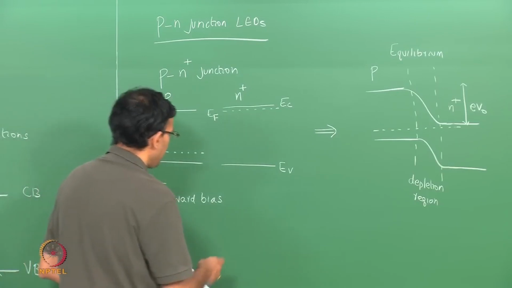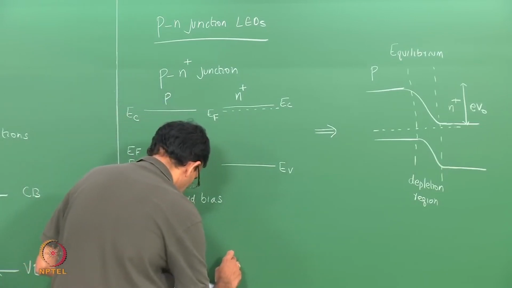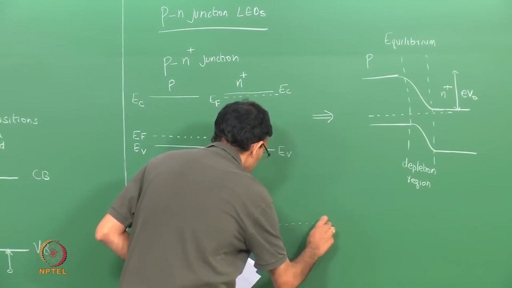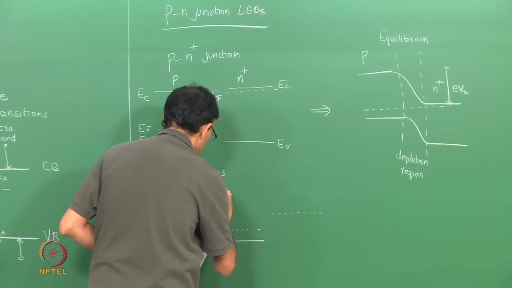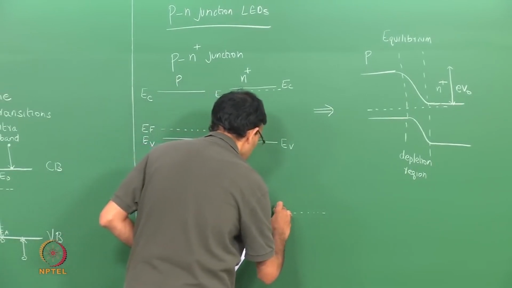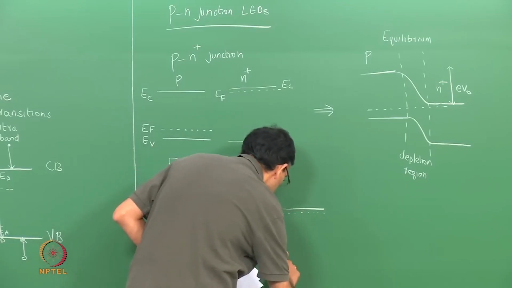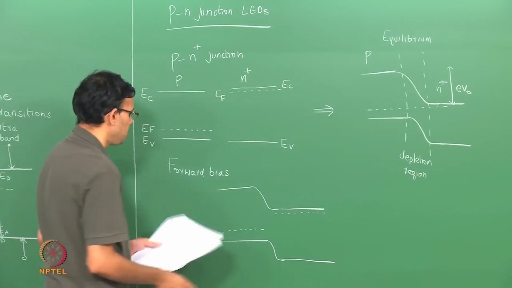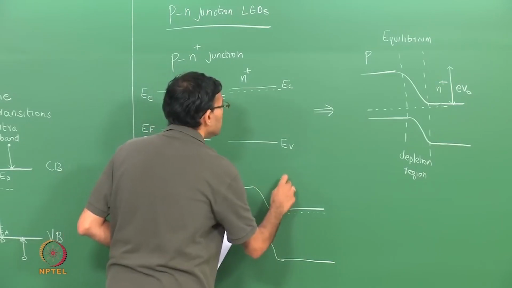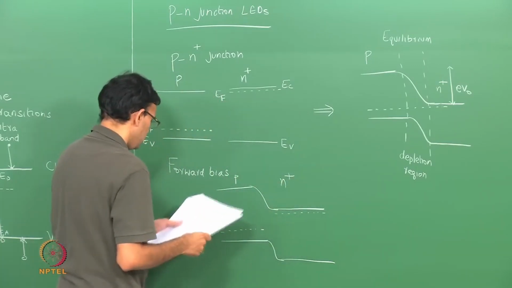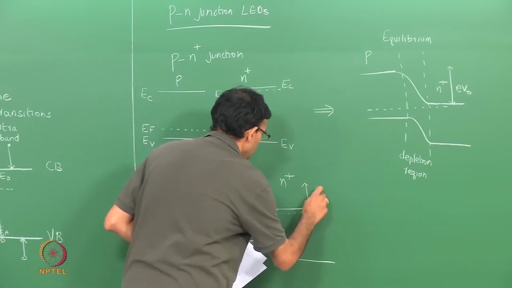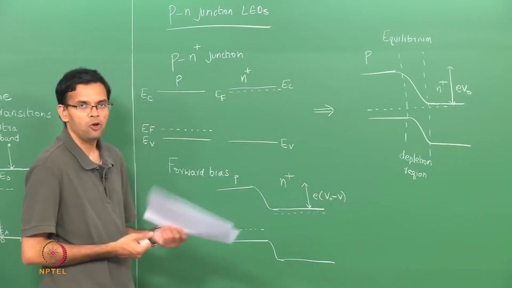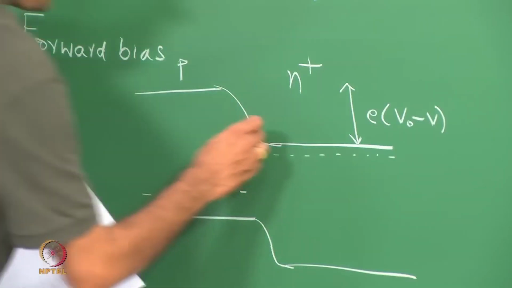So, if you draw the band diagram of this in forward bias, your new barrier is E V naught minus V. So, when you forward bias, we lower the barriers for the electrons and holes to go across.